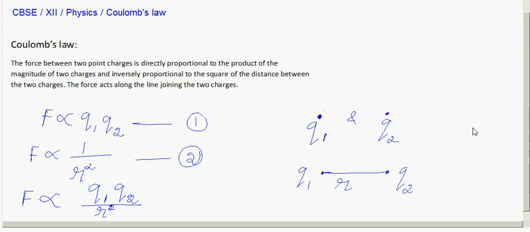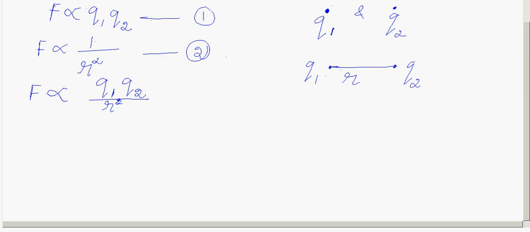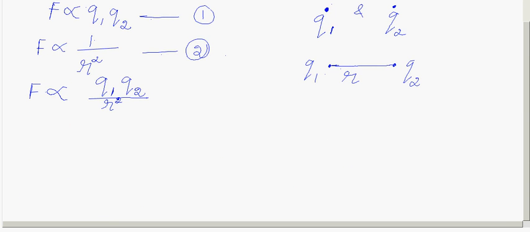Now we will equate this equation. We will take some proportionality constant and then we will write what is F. So in air or vacuum, the force can be written as F is proportional to, so let me equate it into some K. K is the proportionality constant.